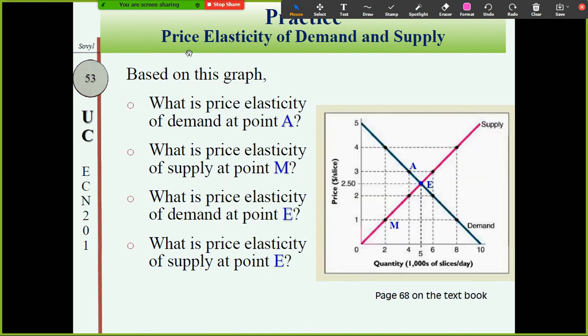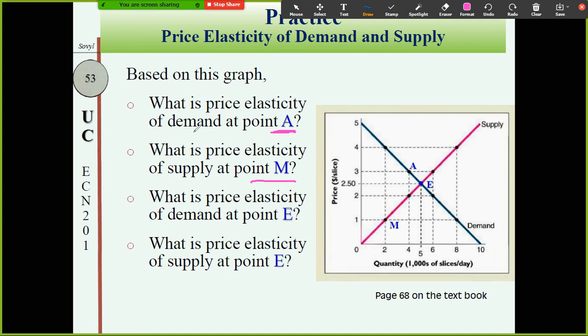Okay, this is about the graph. You see the graph. Based on the graph, what is the price elasticity of demand at point A? Only 1 point. You need to use the formula for 1 point.